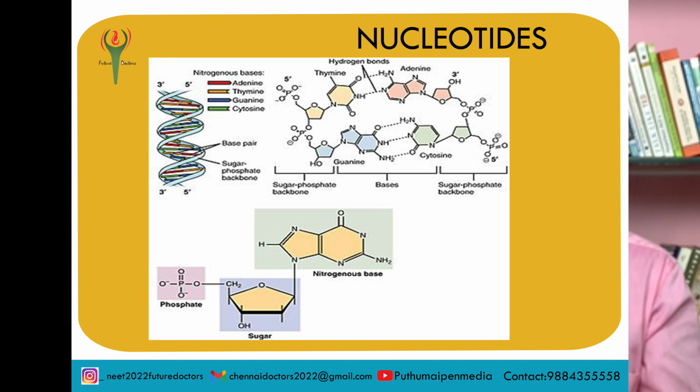It is larger and composed of 2 rings. They are further of 2 types, adenine and guanine. Next is pyrimidines. It is smaller and composed of a single ring. They are of further 3 types: cytosine, thymine and uracil.